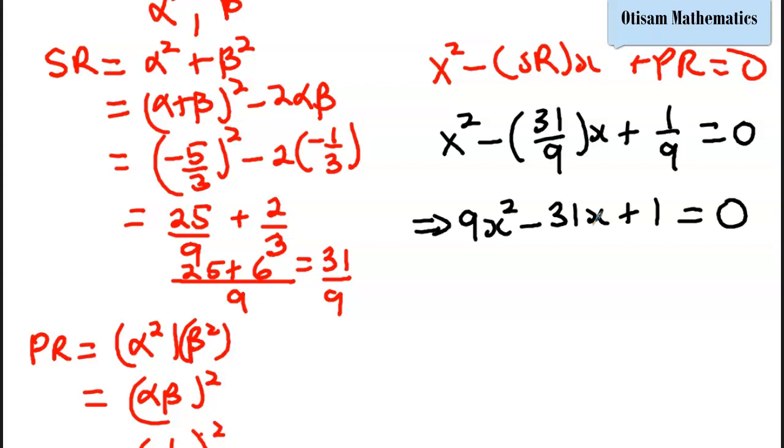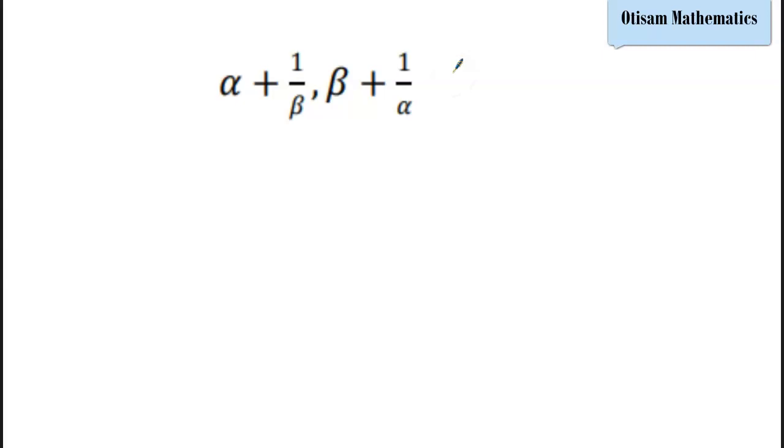Still on the same preamble, we are to find the equation when these are the roots of the equation: alpha plus 1 over beta and beta plus 1 over alpha. So we are using the same equation. You know alpha plus beta equal to minus 5 on 3, and then alpha beta equal to minus 1 on 3.